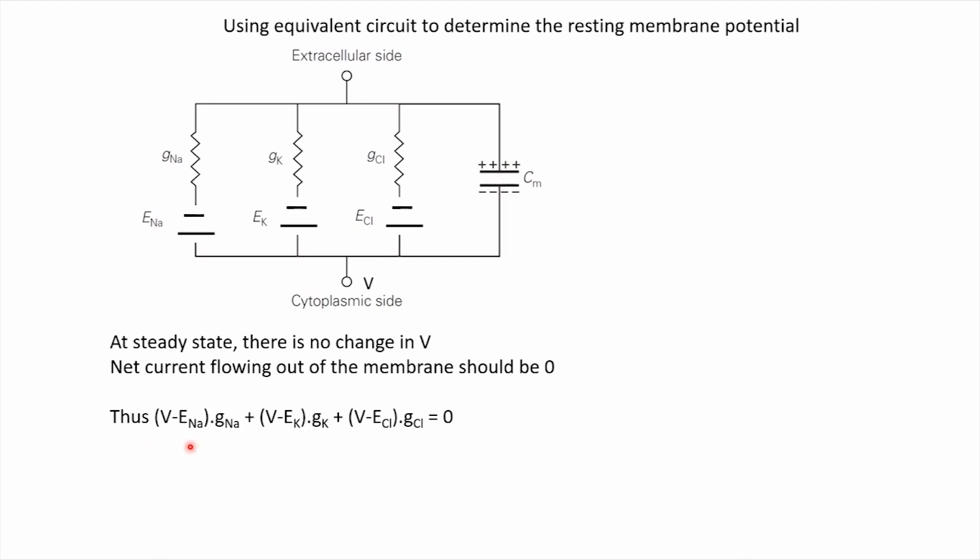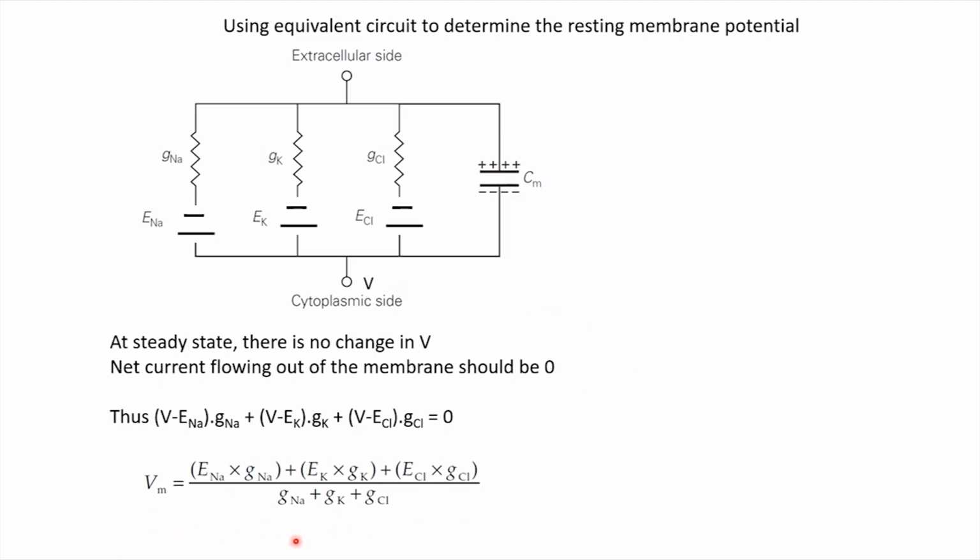And if we rearrange these terms, we get V equals ENA times GNA plus EK times GK plus ECL times GCL, divided by the total conductance GNA plus GK plus GCL. If the membrane potential is equal to this value, then at that point the net current flowing out through the membrane becomes 0.